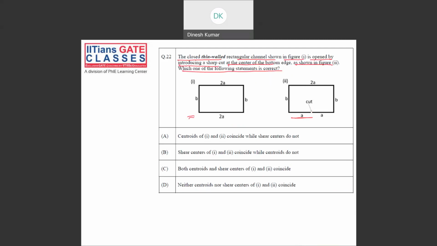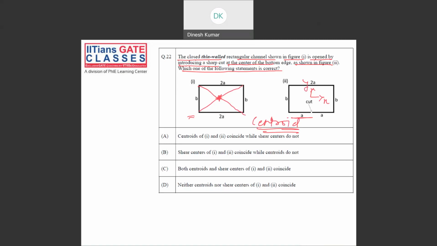When we find the centroid, in this case you can see that since it's doubly symmetric and a closed section, the centroid and shear center are the same, at this point. But if you take this as a reference and try to find the centroid, the centroid mainly depends on the area distribution.